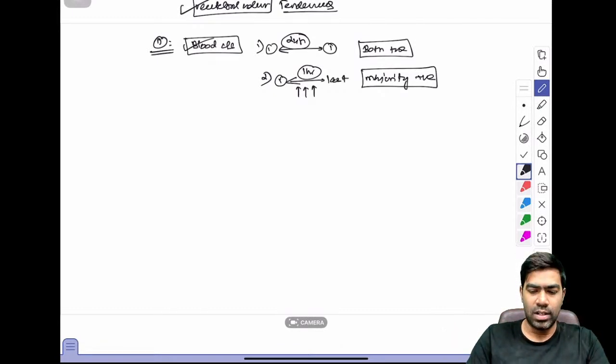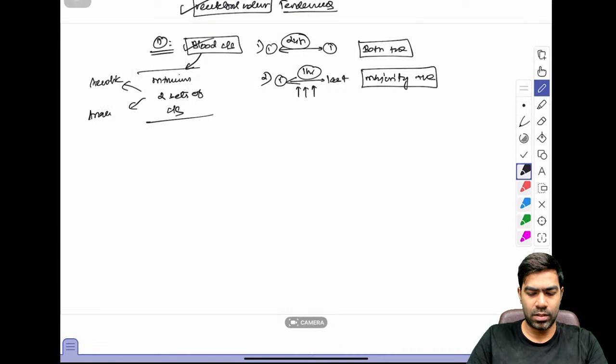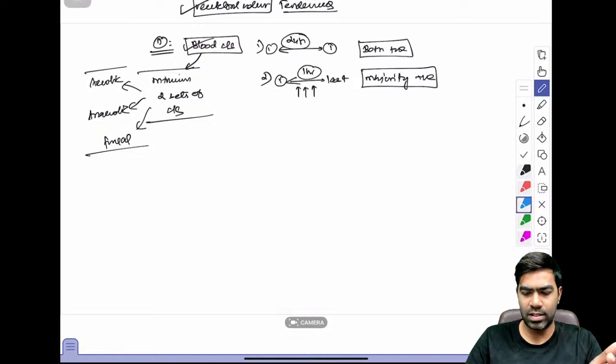Apart from that, in a very practical scenario, you need a minimum of 2 sets of cultures, and you have to send them for aerobic bacteria, anaerobic bacteria, as well as fungal growth if you have a high degree of suspicion. This is what we do in practice.